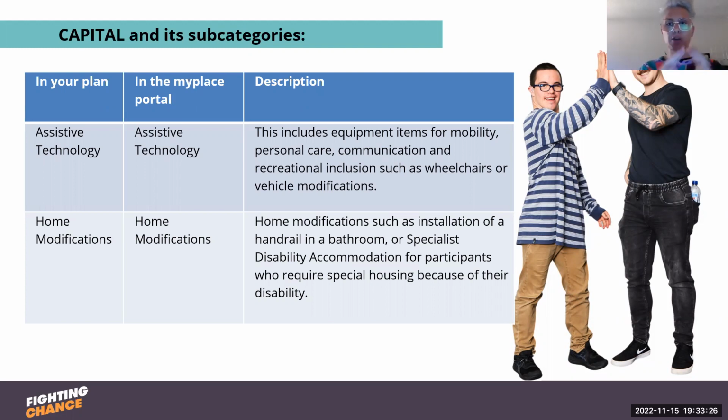So essentially what that means is they've acknowledged and built behind the plan the line item for the wheelchair, but they need a quote to then release that money, and they'll release it to the provider that's provided the quote. And then that can be ordered.